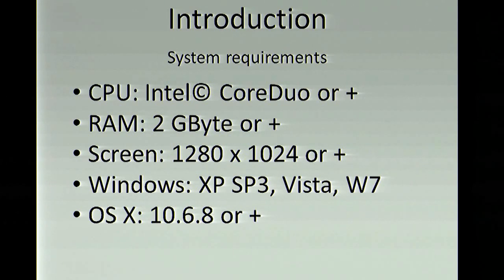Windows operating system, a minimum of XP, Vista, Windows 7 or more. And from next week, also Windows 8 and Windows 2012 Server. And on the Macintosh side, 10.6.8 or more.